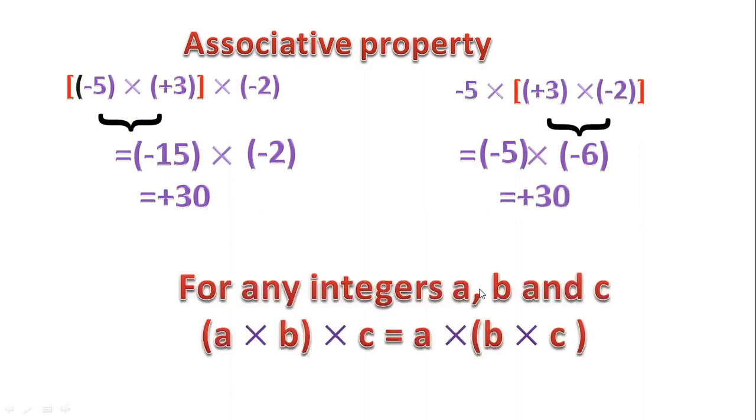So for any integers a, b and c, if we take three integers, then (a into b) into c is equal to a into (b into c). If we group the numbers in a different way and then multiply, the product will not change. This is called associative property. Multiplication is associative for integers.